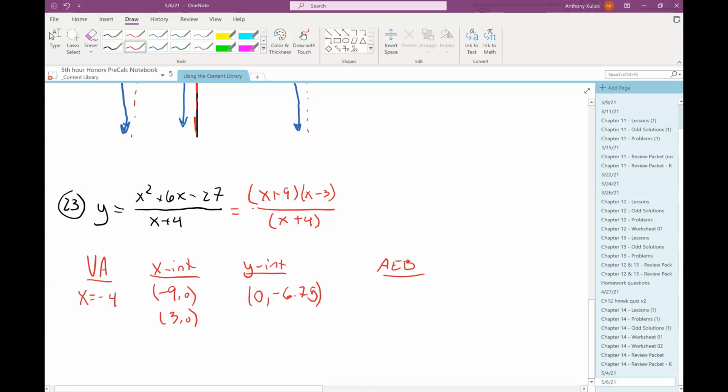And then for the asymptote end behavior, since the degree of the numerator is greater than the degree of the denominator, this is a polynomial division problem. Thankfully, the denominator is monic, so I can just do this with synthetic division.